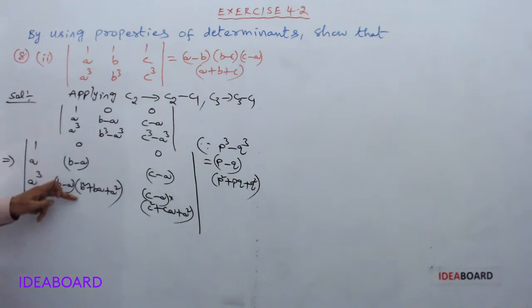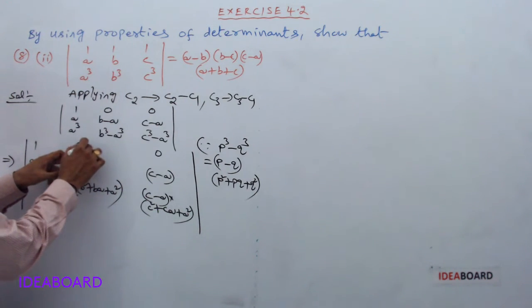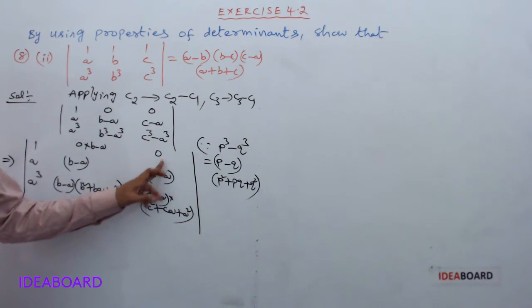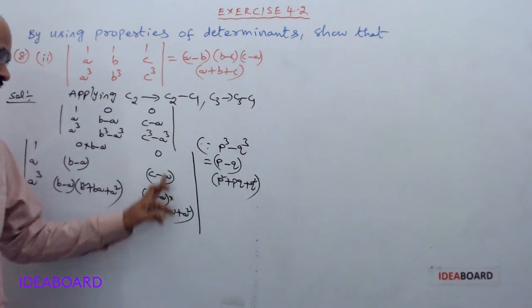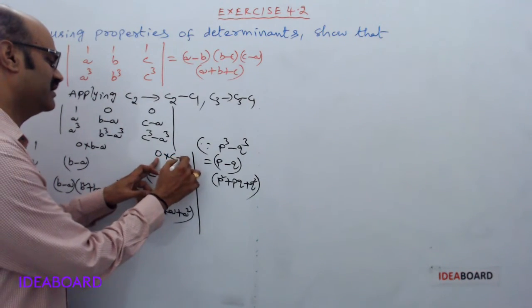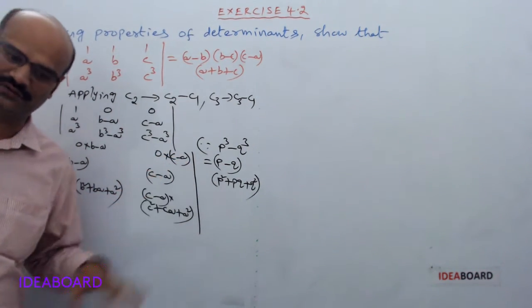Come to column 2. In column 2, we are having B minus A is a common factor. But here we have 0. So, we take it as 0 into B minus A. Now, here, come to column 3. In column 3, we are having C minus A is a common factor. We can take 0 into C minus A equal to 0.